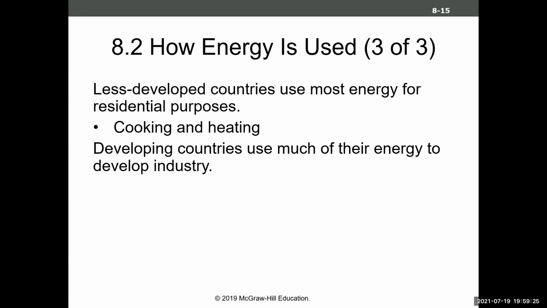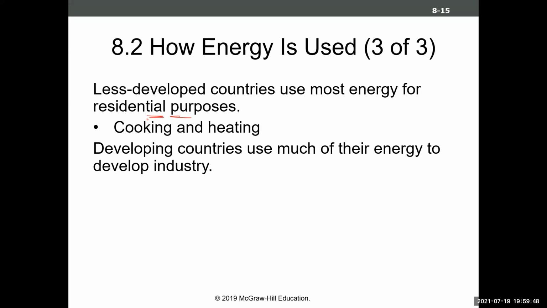Your lesser developed countries typically use energy for residential purposes. Transportation is generally low in a lot of the poorer, less developed countries. You'll see people on bicycles or walking a lot.